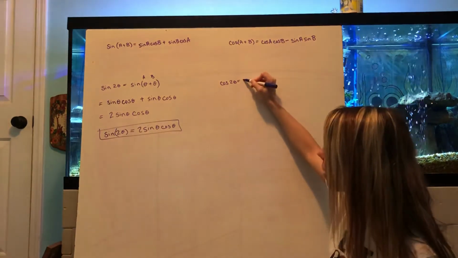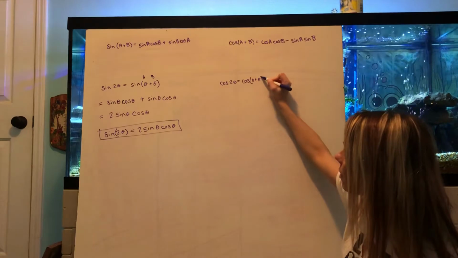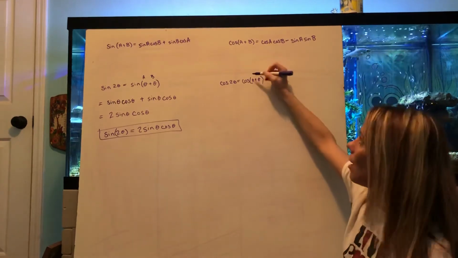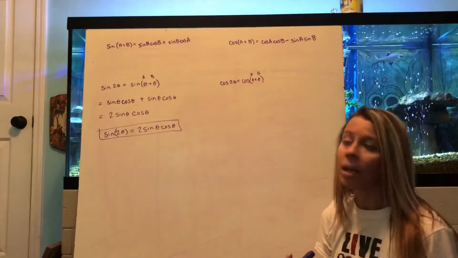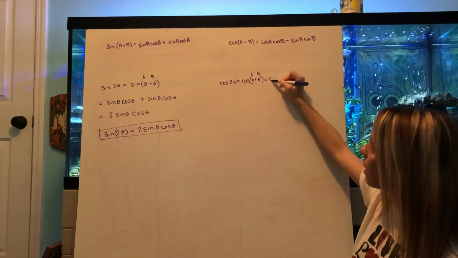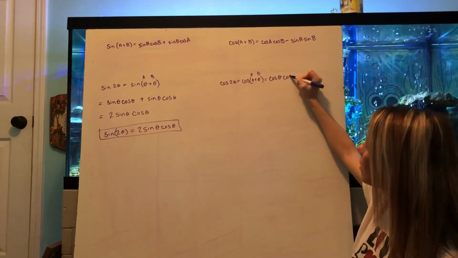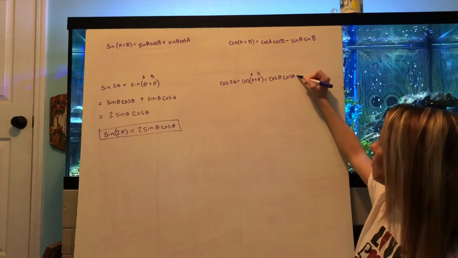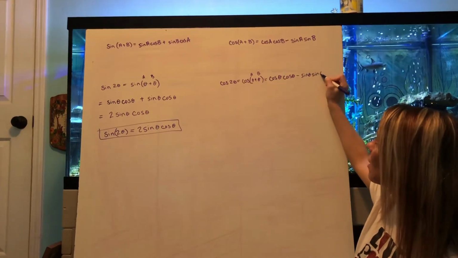This is cosine of theta plus theta, because 2 thetas. We'll call this one A, this one B, even though they're the same thing. We're going to follow this formula. So we've got cosine theta, cosine theta, minus sine theta, sine theta.